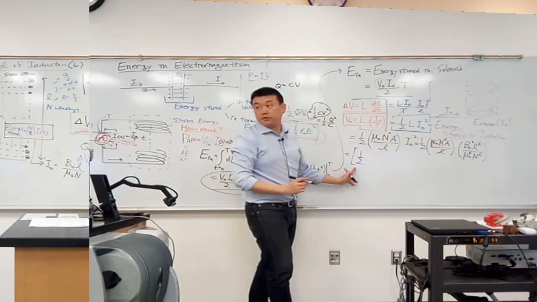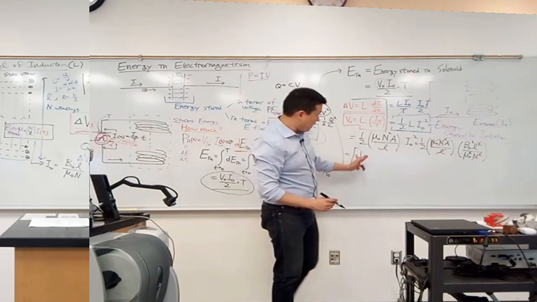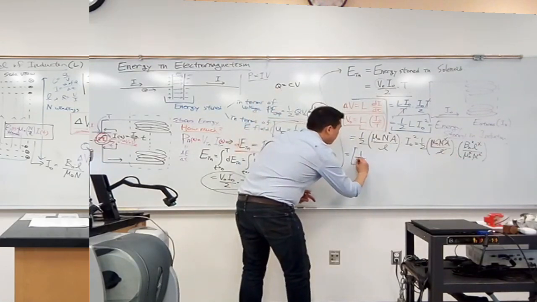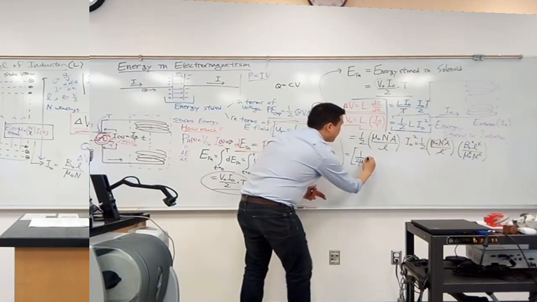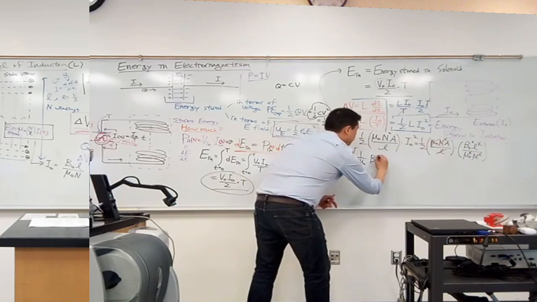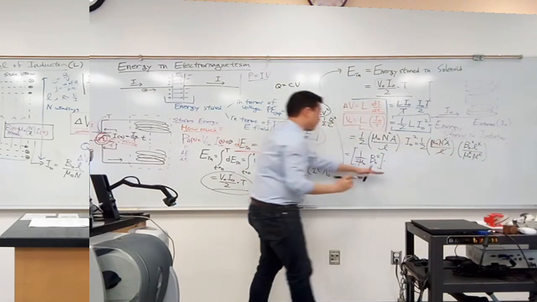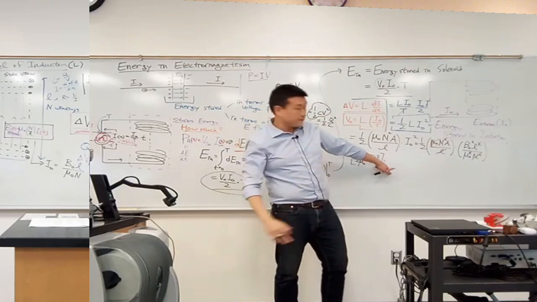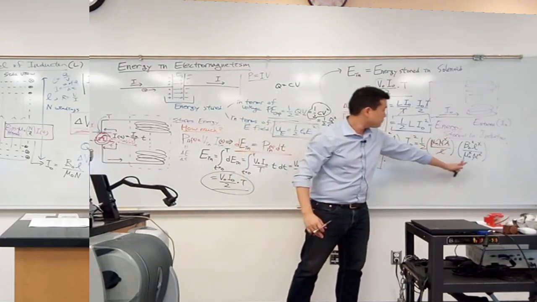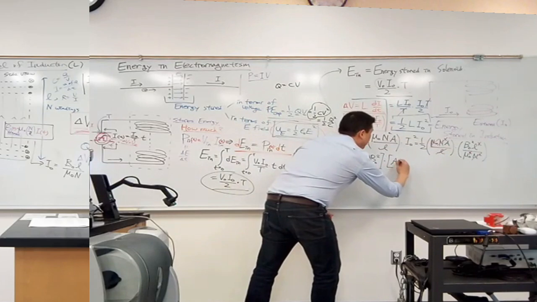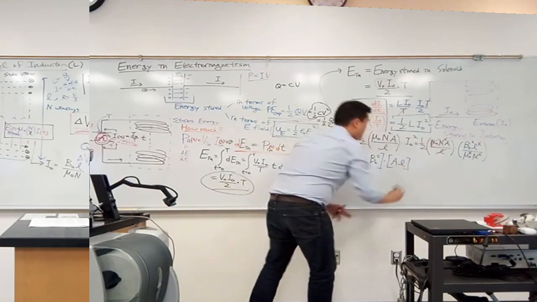The first group that I want to write down is 1/2 mu naught times magnetic field squared. That's the first group of terms. The second group of terms are everything that remains: area times the length. So A times L.